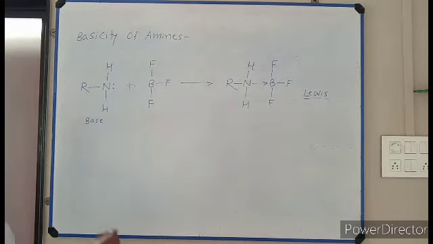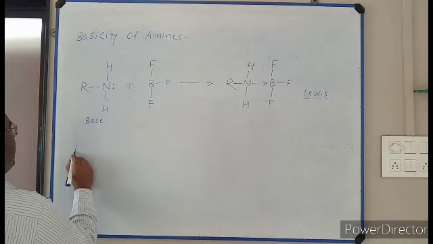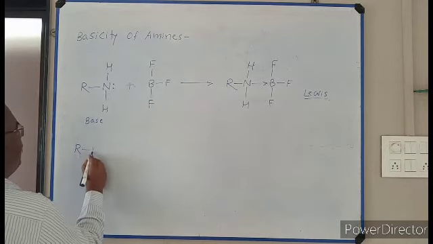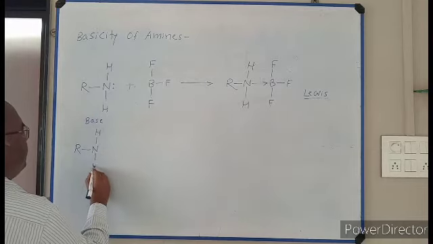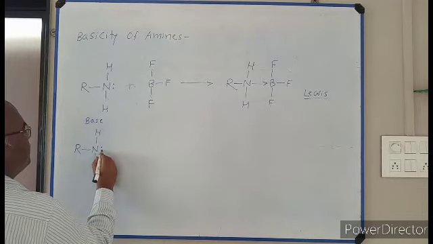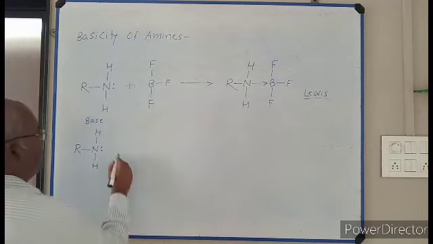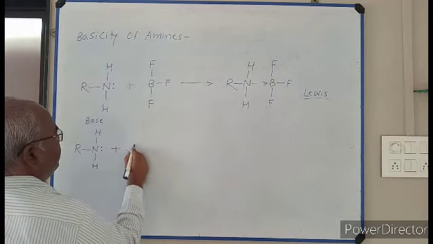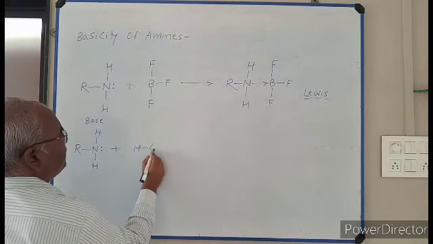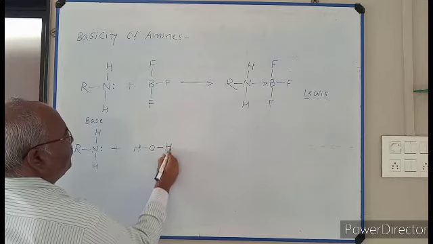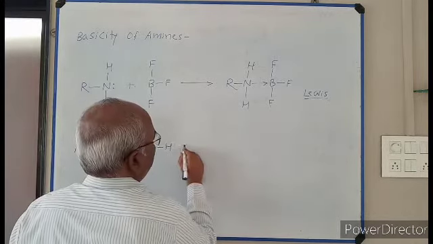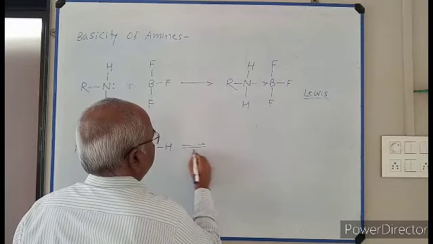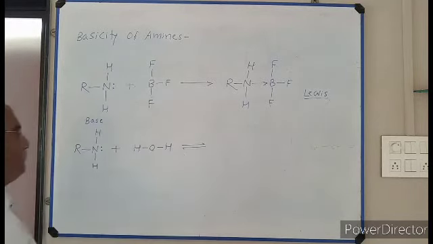Now consider the next reaction: R, single bond N, H, H, nitrogen contains a lone pair of electrons, plus H, single bond O, single bond H, a water molecule. In water, this equilibrium exists.